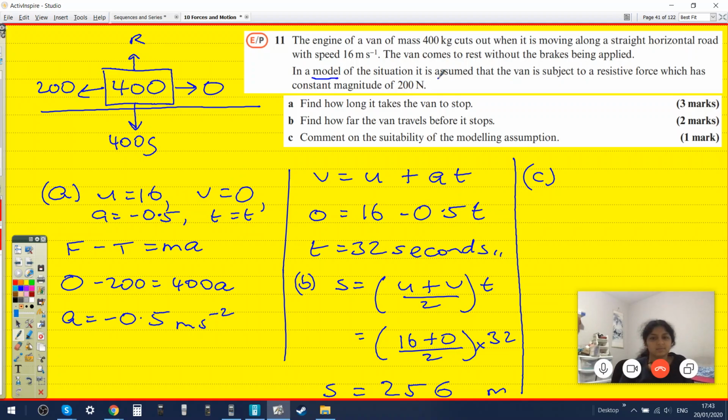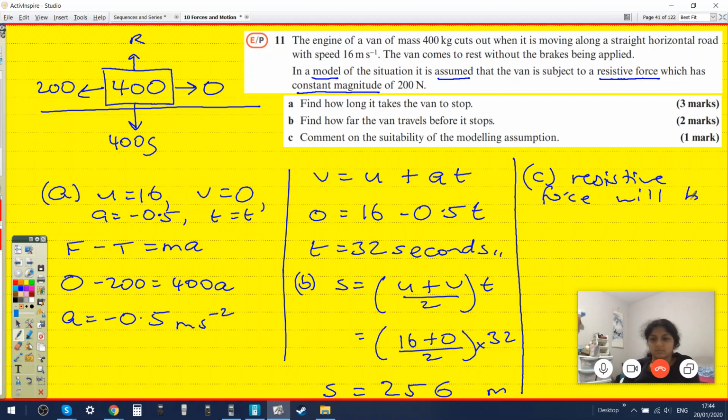Okay, so there might be, like, the resistive force might be bigger or smaller, or might not exist. I would say the resistive force will not be constant. It will be variable.